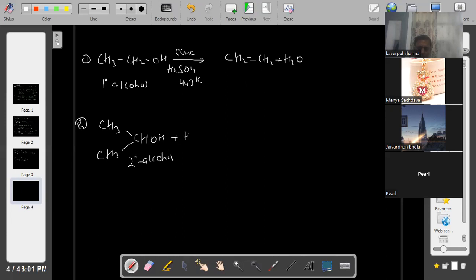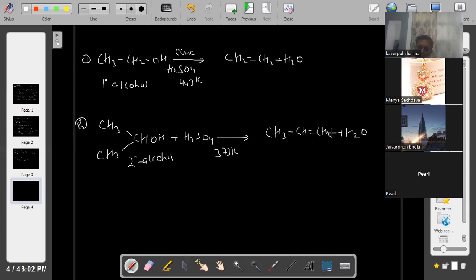And for H2SO4, you can remove this easily, at a lower temperature, a very low temperature, 373 Kelvin. Then we will get CH3CH=CH2 plus H2O.